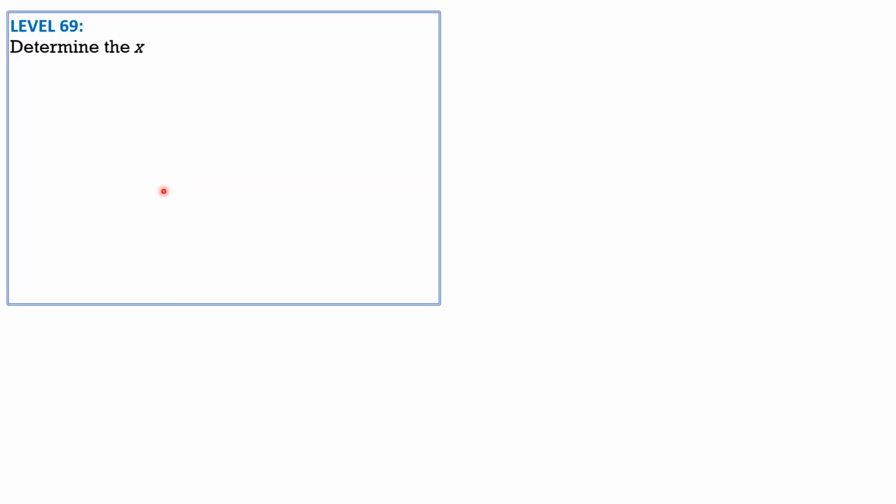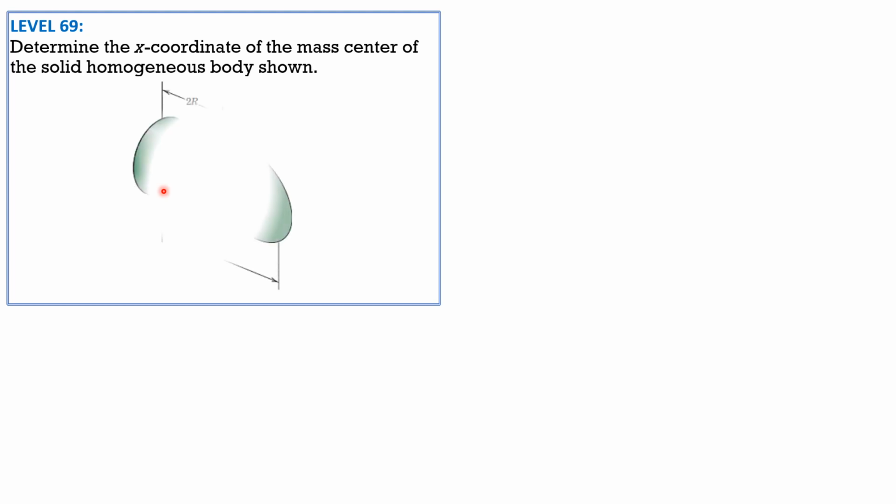Problem 69, determine the x-coordinate of the mass center of the solid homogeneous body shown. So we now apply the results, the y-coordinate of the centroid of the result in problem 68 here, because this is a solid. It consists of a solid right circular cylinder and a truncated solid right cylinder.